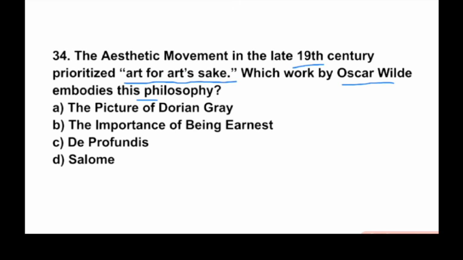Option A, The Picture of Dorian Gray, 1890. It explores beauty and art, with moral implications central to aestheticism.